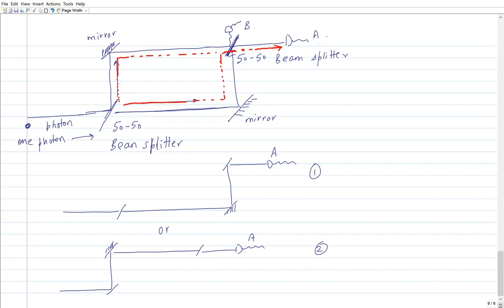And when I have two ways of doing a thing which are mutually exclusive, I just add the probabilities.